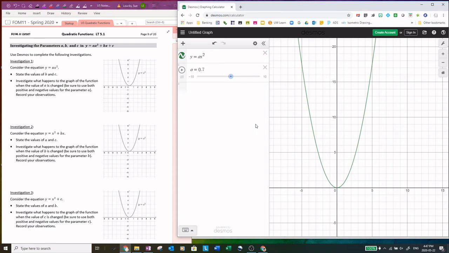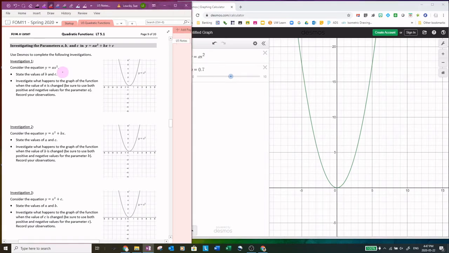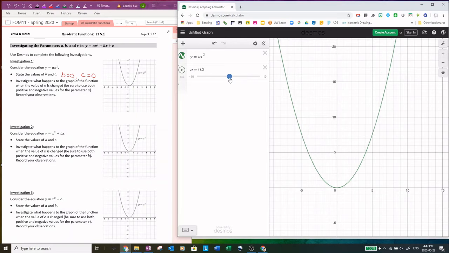Coming back over here, in this example, b equals 0 and c equals 0. They've disappeared from the equation. They're just not there anymore. And what happens when a is changed, both positive and negative? Hopefully you see that if a equals 0, it's just a straight line, but we were told that a is not allowed to be 0.